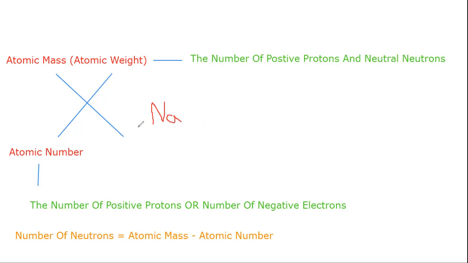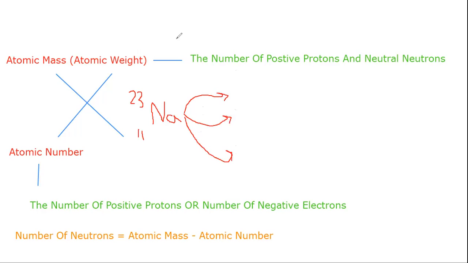Na, its atomic number is 11. Its atomic mass, or atomic weight, is 23. So atomic number equals what? And the mass number equals what? Atomic number, atomic mass, number of neutrons.